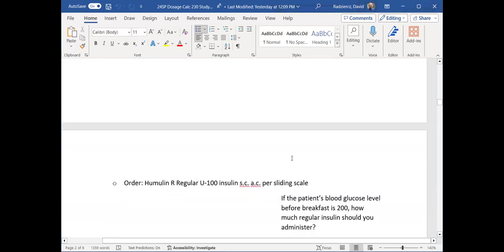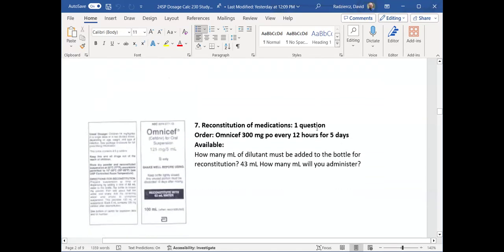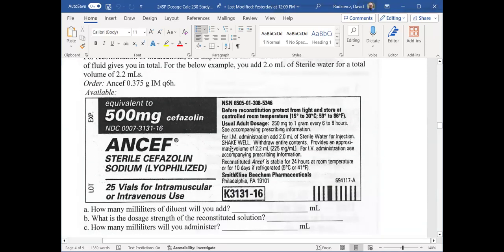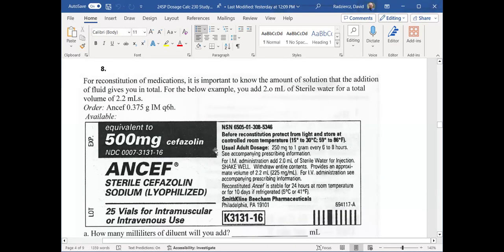So let me go to the heparin protocol, since that's the new thing for this semester. This is the reconstitution question. I have a folder in the shared OneDrive that says reconstitution labels. You can look at some examples of what some of these might look like. So you might see Ancef, you might see Kefzol, you might see a cephalexin, Pfizerpen. There's a couple of different variations that you might see.